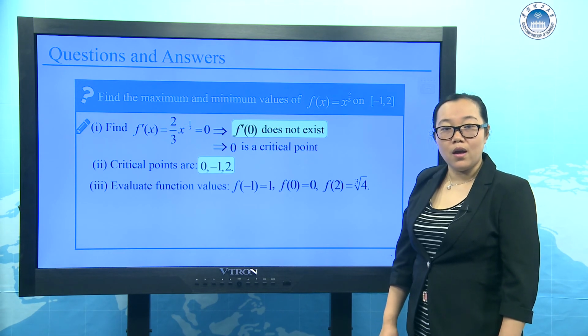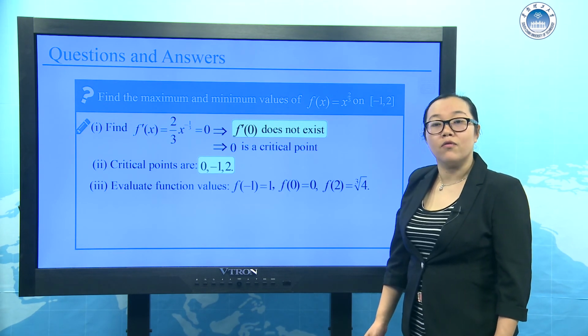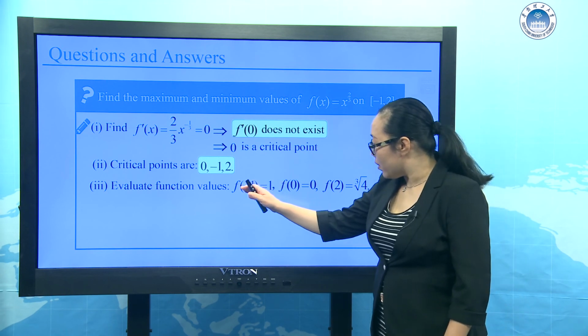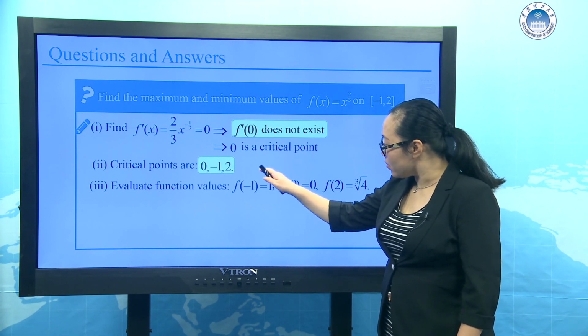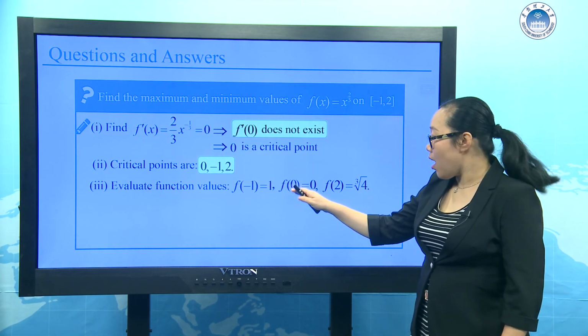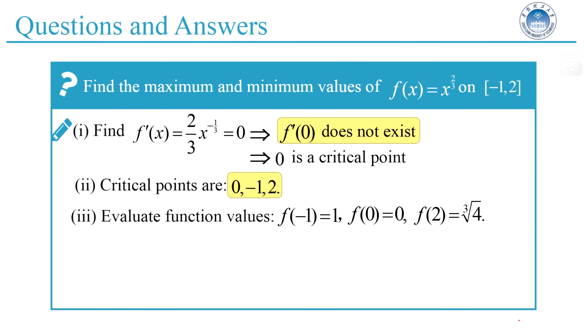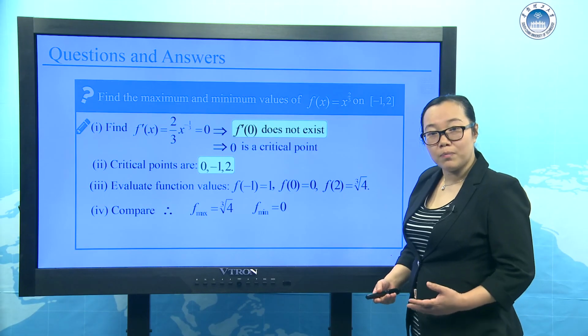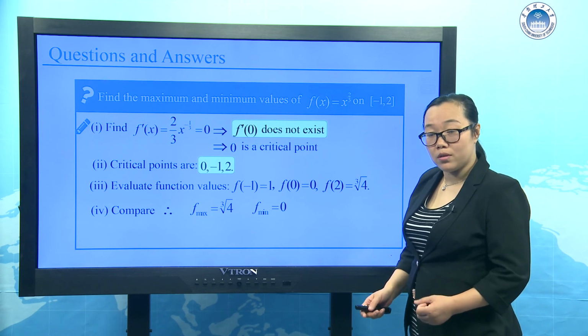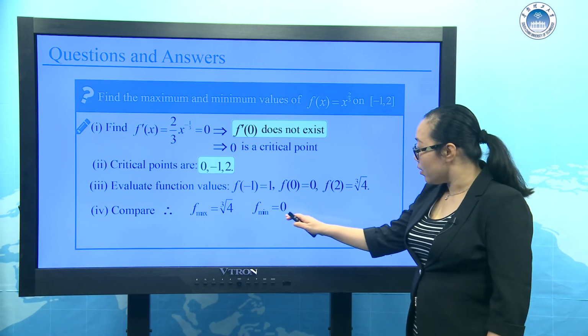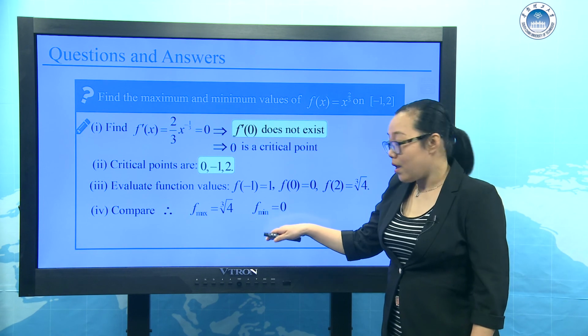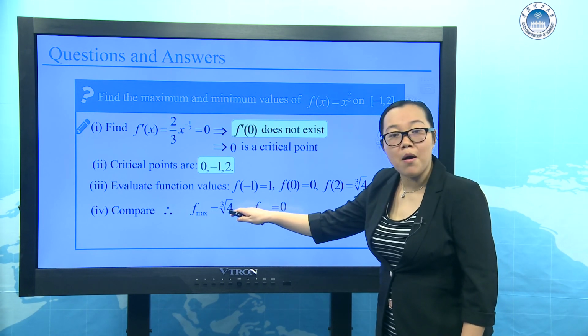And then evaluate function values. f at the given point -1 equals 1. f(0) equals 0. f(2) equals the cube root of 4. Compare which one is biggest, which one is smallest. We found 0 is our minimum, and this number is our maximum.